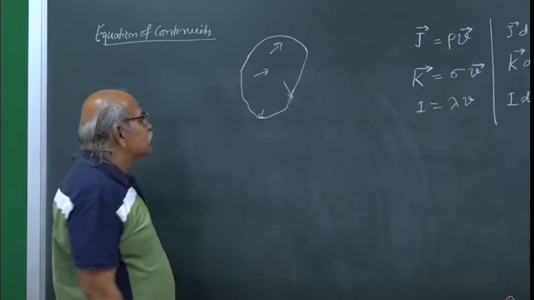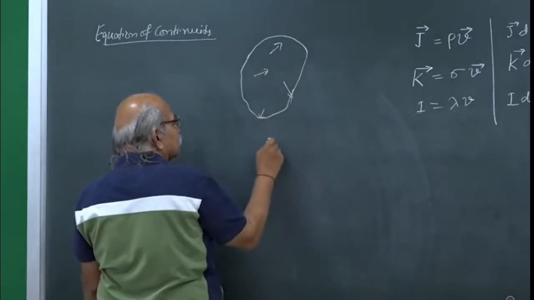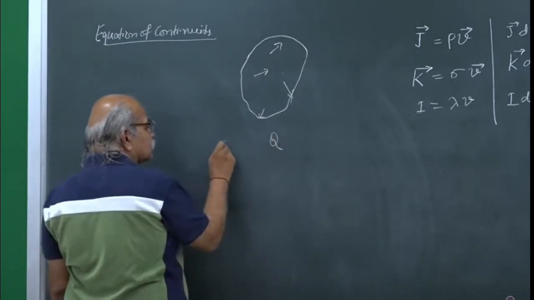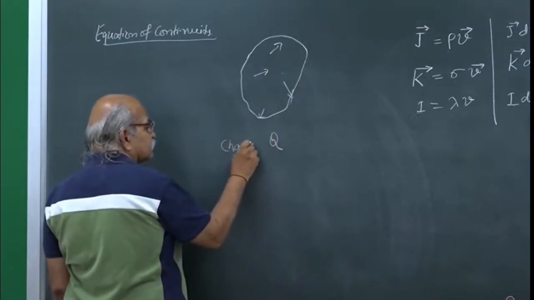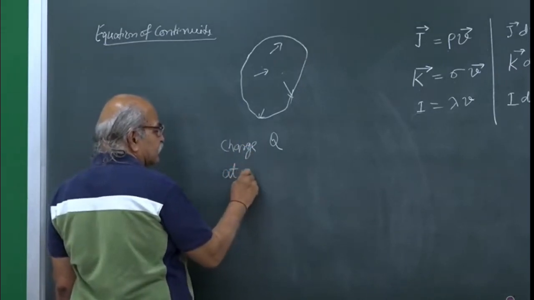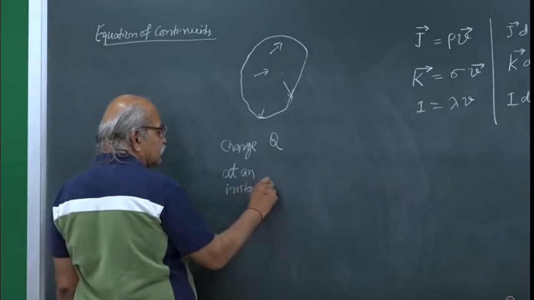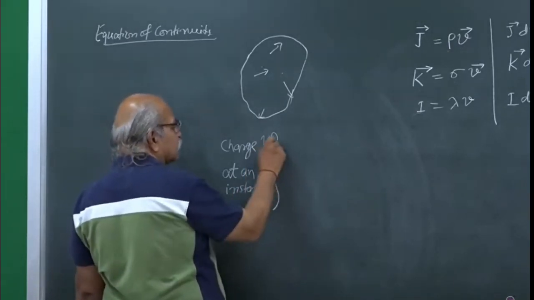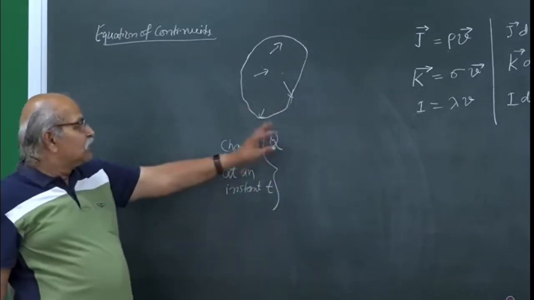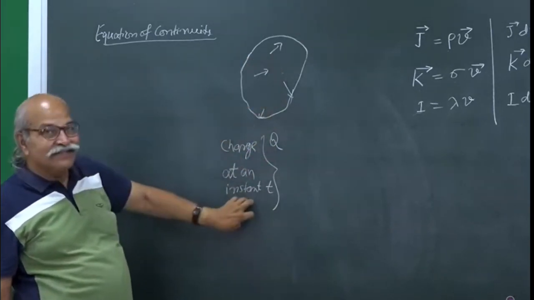So this is the situation, and then we define charge Q at a certain time, an instant t. Let us say this is a charge Q. So Q is the charge contained in this volume at time t.